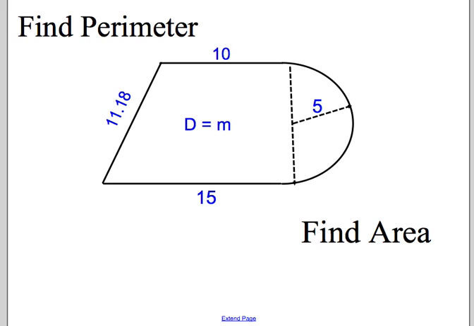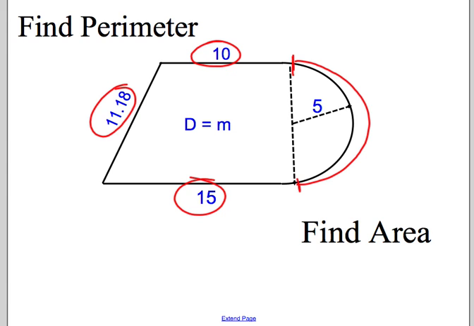So to find the perimeter of this, we're given the lengths of each of these straight sides, but we're not given the circumference from here around. So we're going to treat it like it's a full circle to begin with. Circumference is pi d. Remember our pi d, pi r squared.